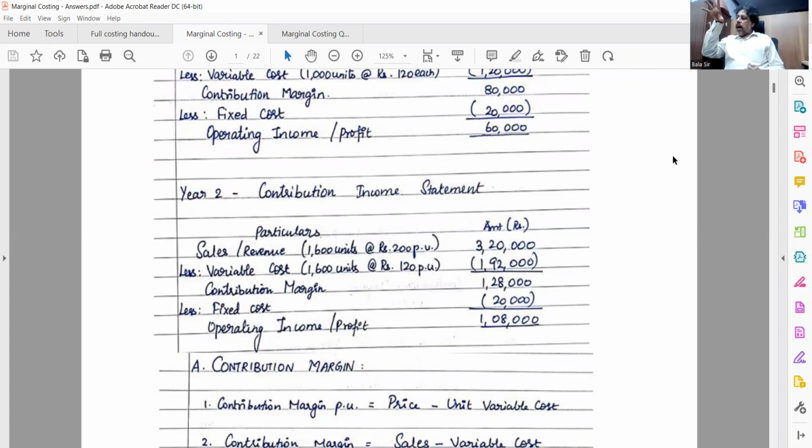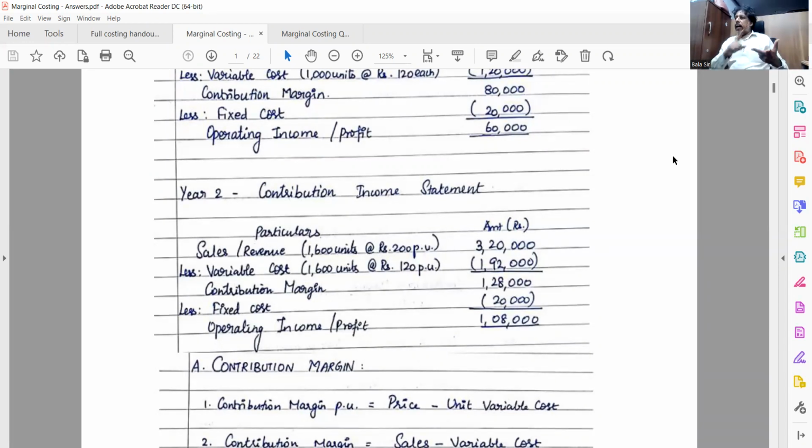Let us say your target operating income is 1,08,000. Suppose you want to earn 1,08,000 profit. After incurring a fixed cost of 20,000, you should earn 1,28,000 contribution. You all agree with that?